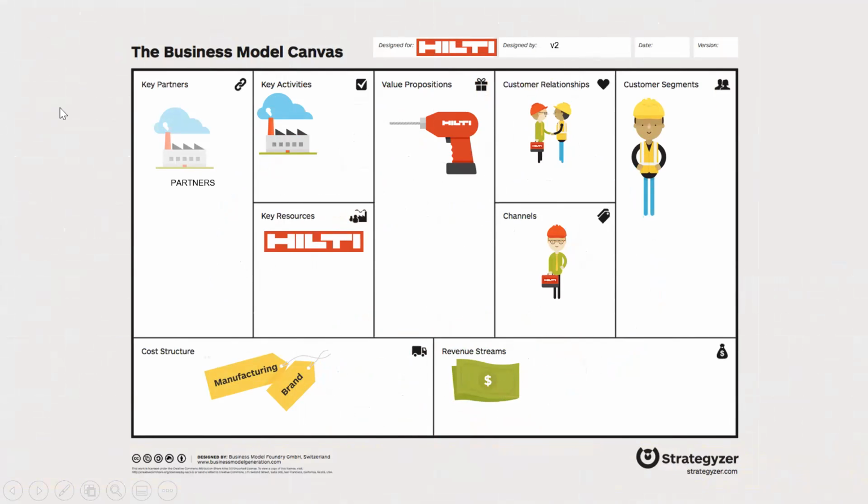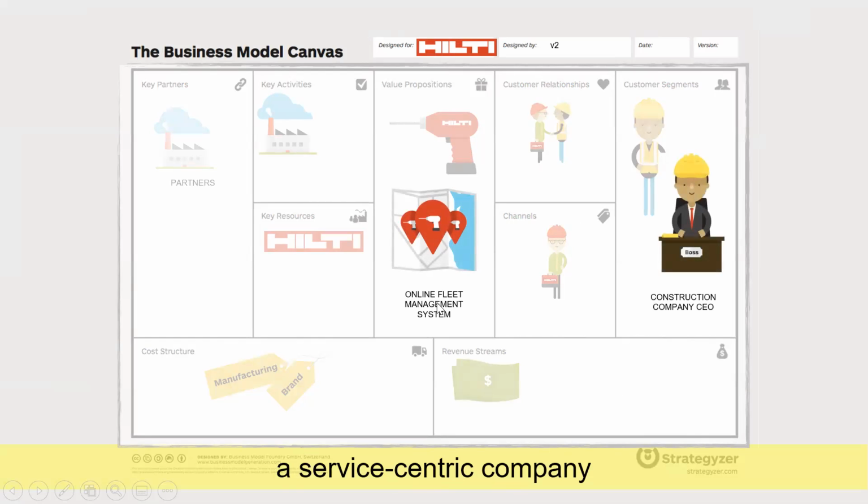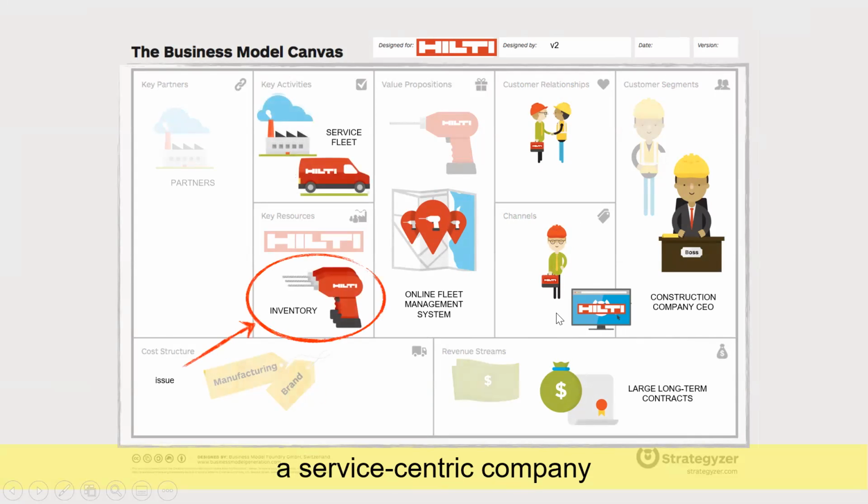After they did the change, they became a service-centric company, with a new customer. It was not the builder, it was now the boss. Distribution channel, of course, now they have the portal. The issue they found is that they have to have more inventory, so they have to fix that.